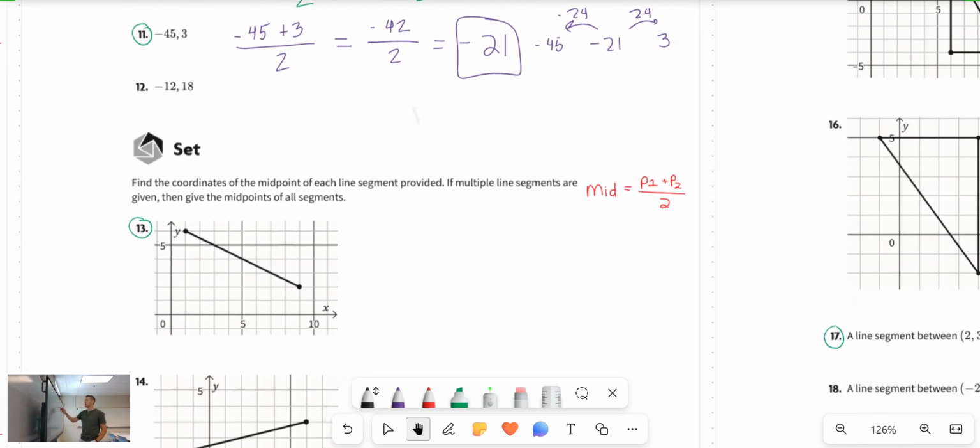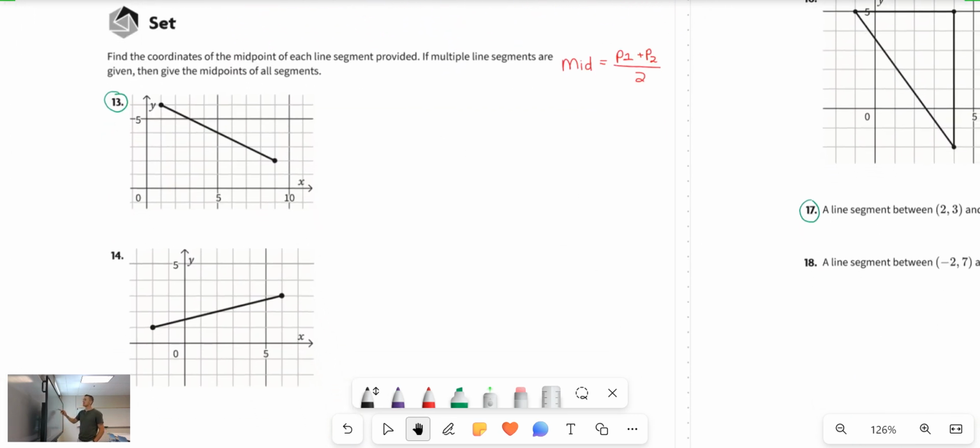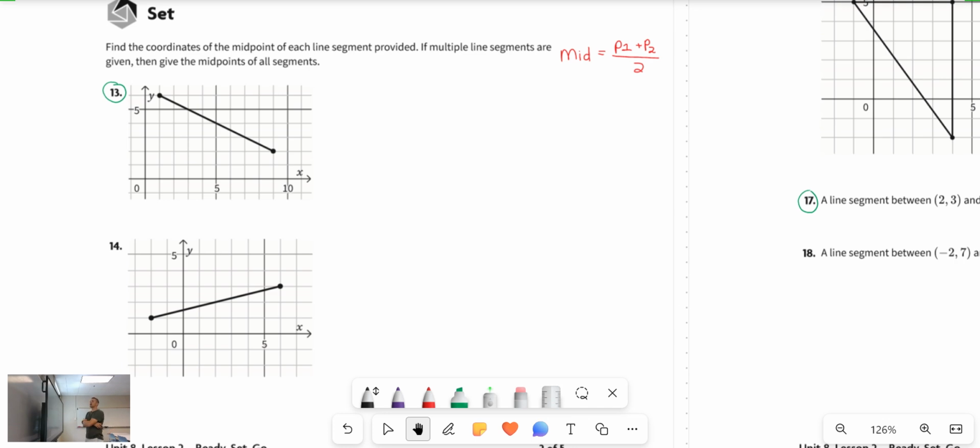So let's move on to our set. All right, we're on 13. Find the coordinates of the midpoint of each line segment provided. If multiple line segments are given, then give the midpoints of all segments. Okay, that's fine. We can do that.